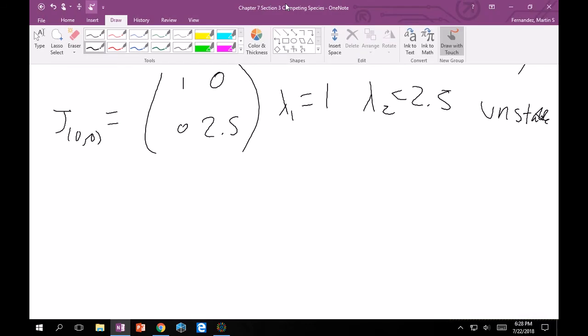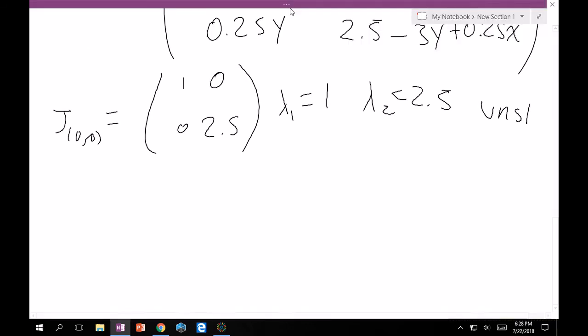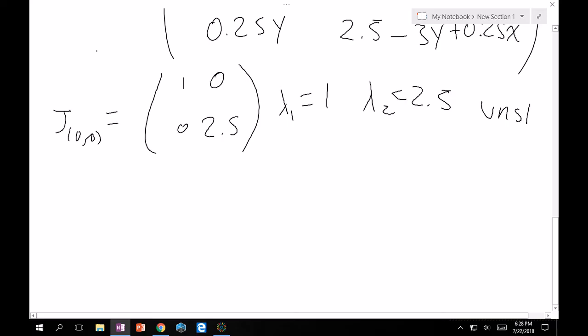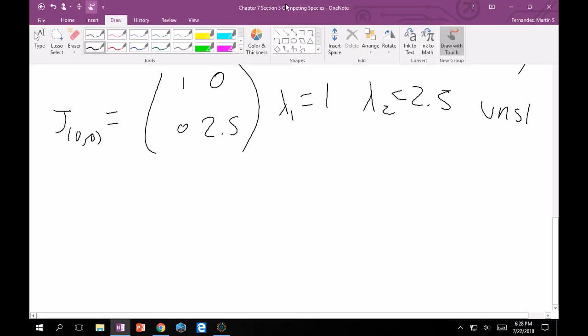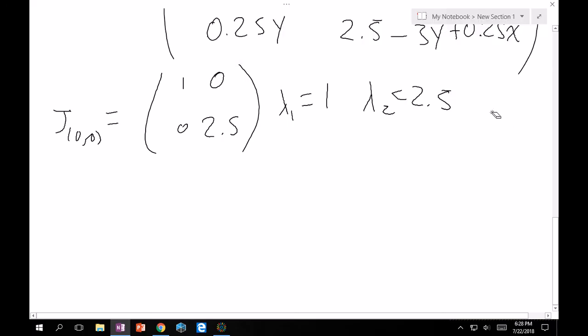The origin is clearly unstable for the entire global nonlinear phase portrait, because when we do this Jacobian, we clearly get an unstable critical point. I'm also going to give you the eigenvectors, just in case you want to make the phase portrait a little bit more precise. So v1 is (1, 0), and then v2 is going to be (0, 1).